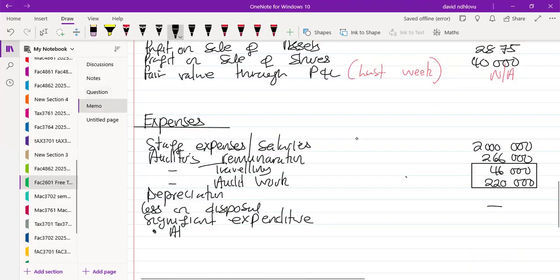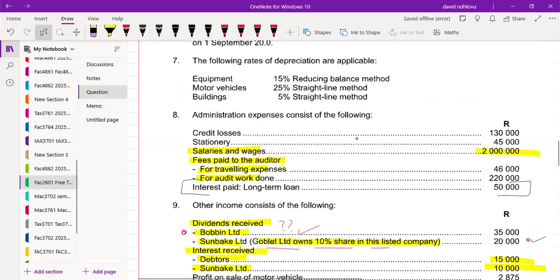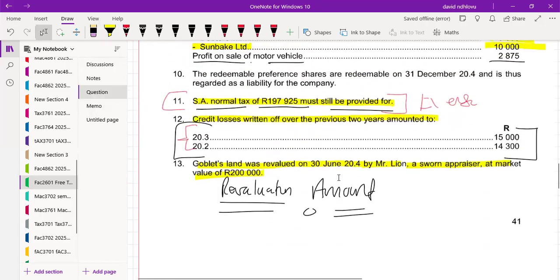So you say allowance for credit losses, that you disclose again. Now, this thing called the allowance for credit losses, the expense is the movement, which means you compare the current year's value with the prior year.